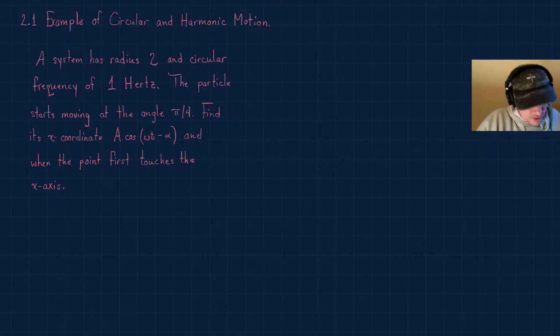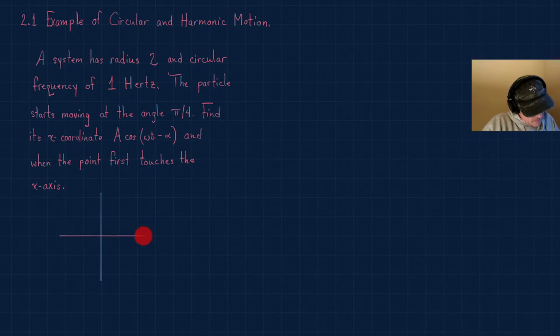Okay, let's do this. I want to draw a picture here also to help explain what we're looking at. So say I have a circle here. Let me give it some coordinates here. Okay, and then let's put a circle on this.